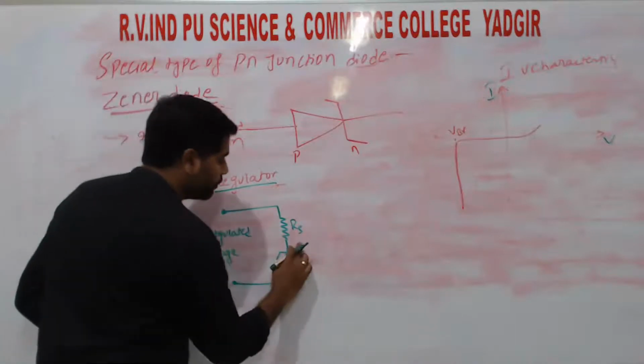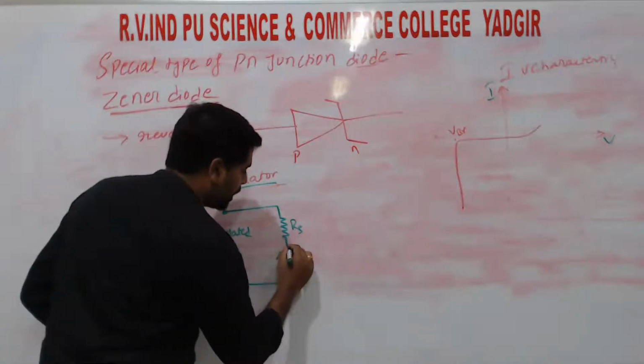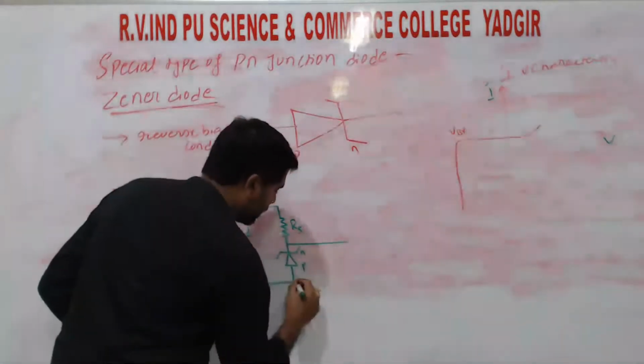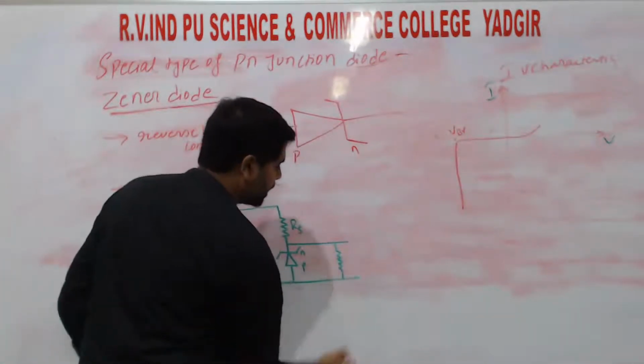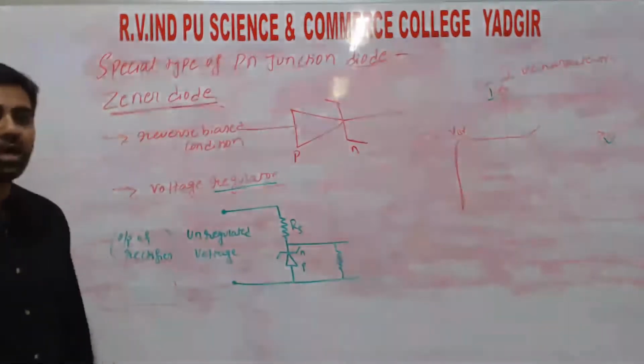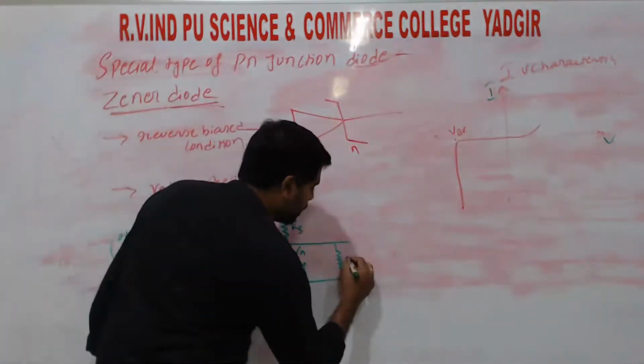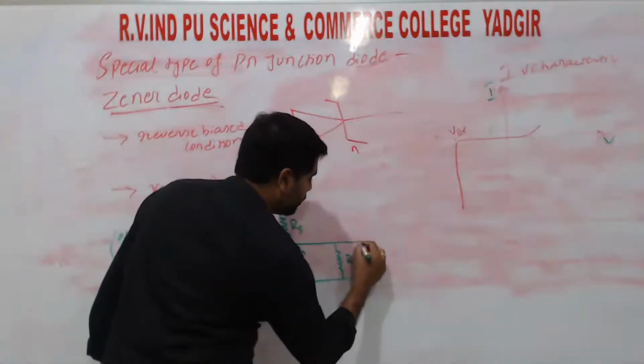Now the output regulated voltage can be taken from the load resistance which is connected in parallel with the Zener diode. So this one is the load resistance RL, right?